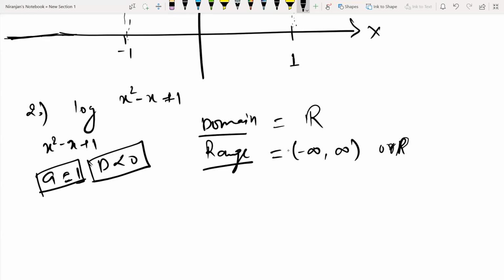Okay, let me tell you exactly why it is positive always, and I do not have to worry about any x. If you have a quadratic equation and the coefficient of x square is positive, and the determinant of the quadratic equation is negative, then that quadratic equation will always be positive. That is the property of quadratic equations.